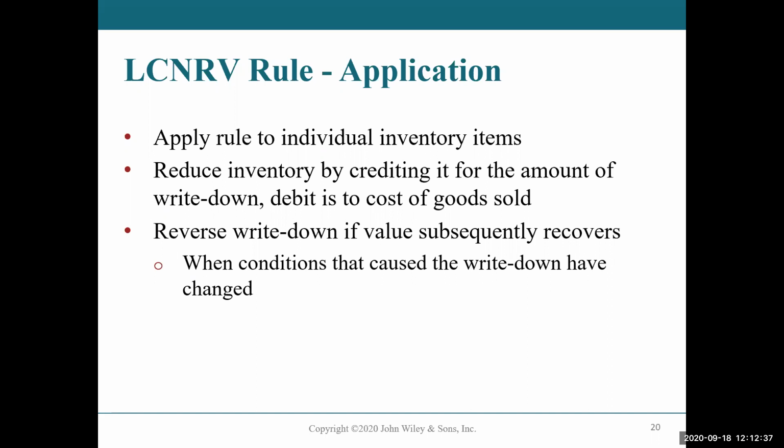So we have to bring your inventory down. That is called the write down. The write down will be a debit to cost of goods sold and a credit to the inventory account. We have to make sure we apply this to individual inventory items one by one. We cannot apply this to a group.